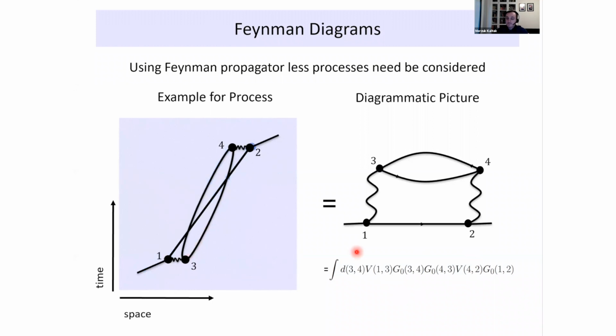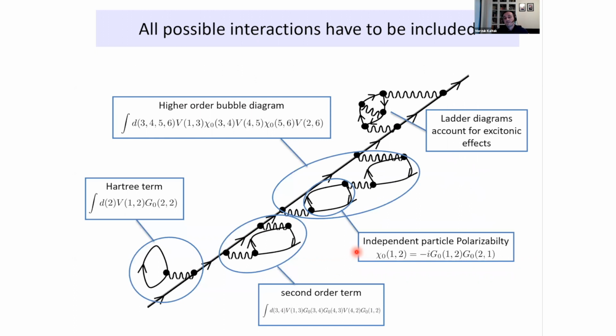Now, using the Feynman propagator is helpful because only the topology of the diagram is important. This, on the other hand, reduces tremendously the number of diagrams that you have to consider. Why is this important? Because we have seen how virtual electron-hole pairs dress free electrons and described the interacting propagator.